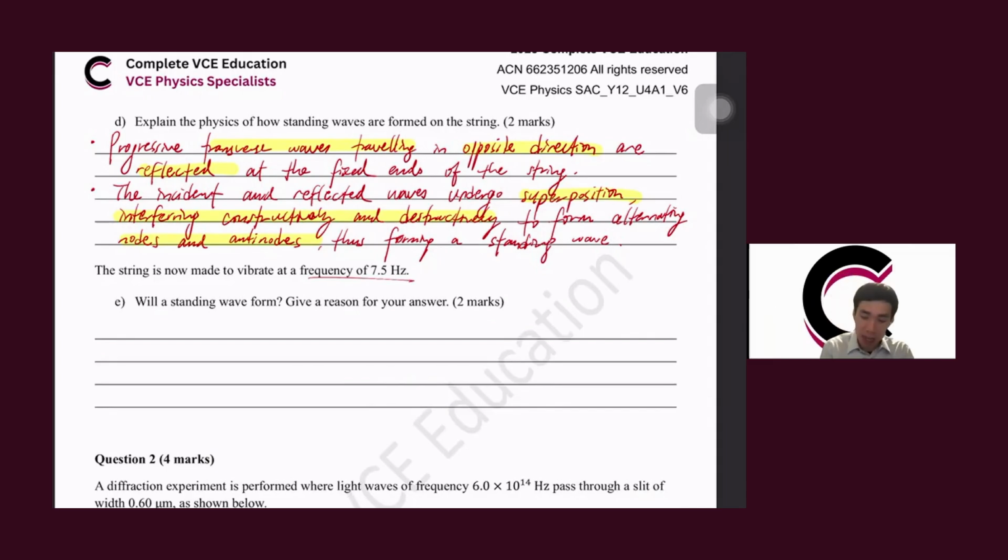Okay. Now, if a standing wave could form, f is nv over 2L, right? And then, look, we don't know what n is. n could be any number, okay? But for a standing wave to form, n must be an integer. Integer means 1, 2, 3, 4, 5, and so on and so forth, okay?